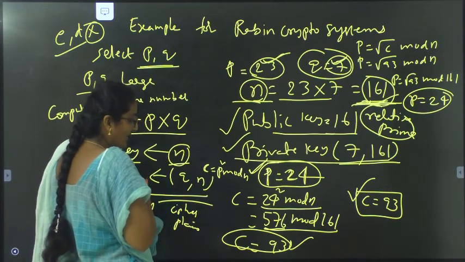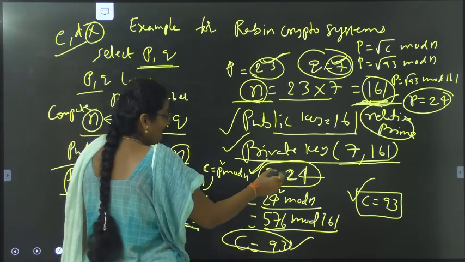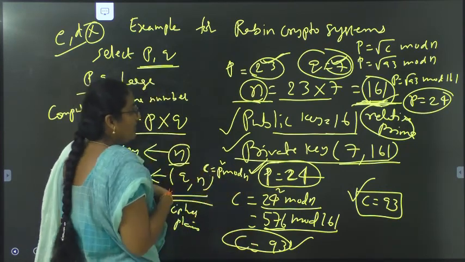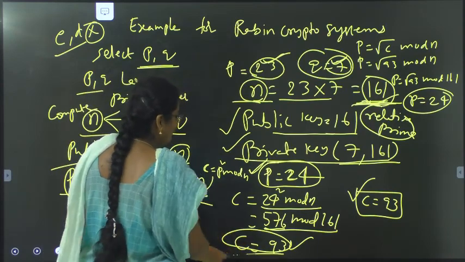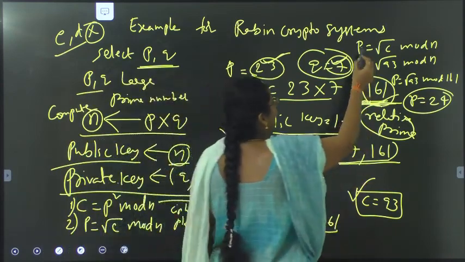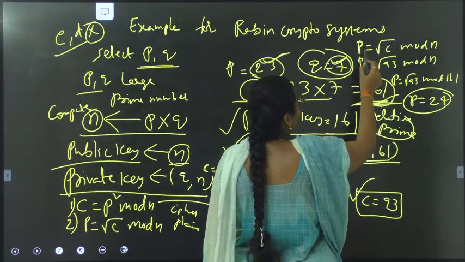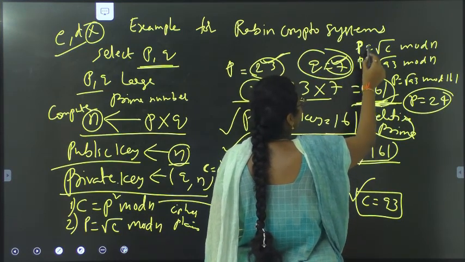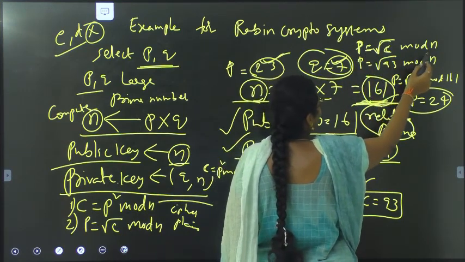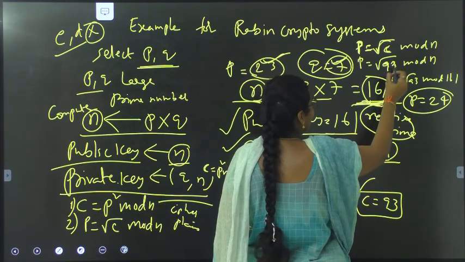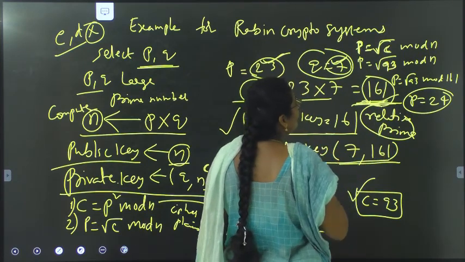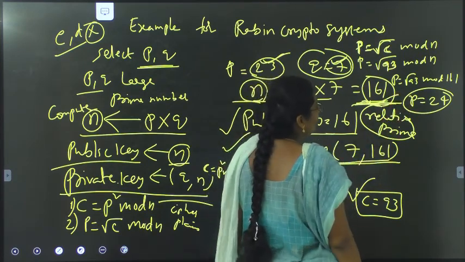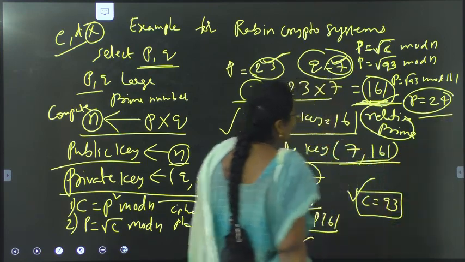Now I have to check whether these values 93 and 24 are correct or not. For that I substituted this C value in the formula for plain text, P equal to square root of C mod n. So I substituted 93 in place of C: square root of 93 mod 161, I got P value as 24.